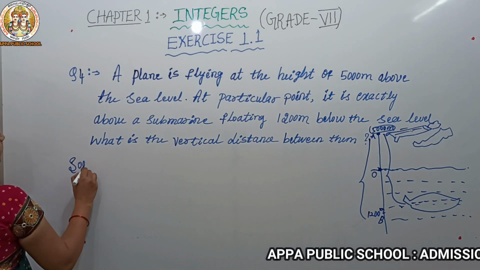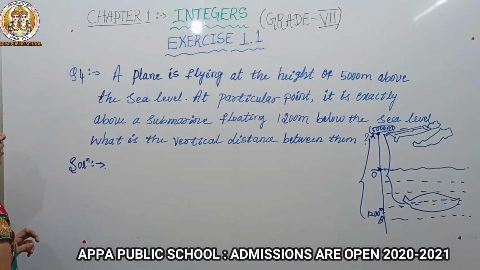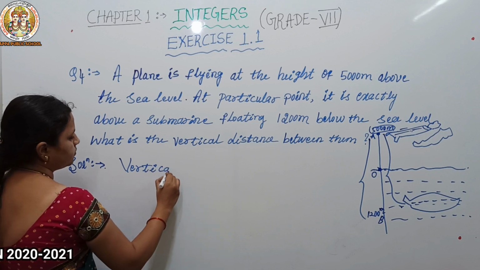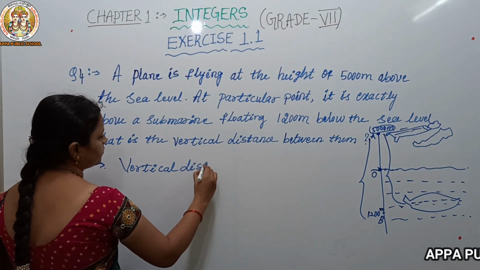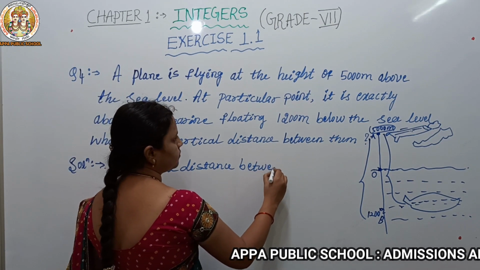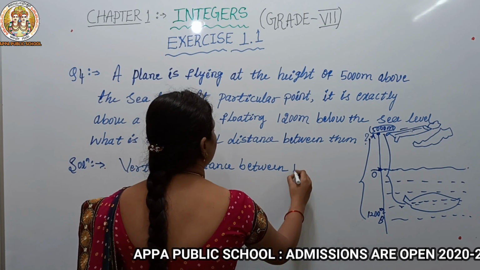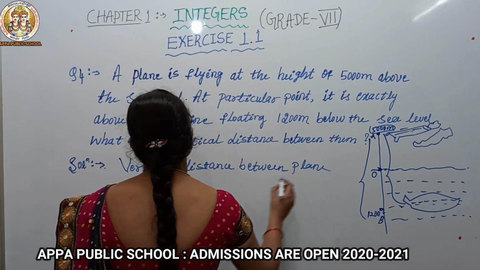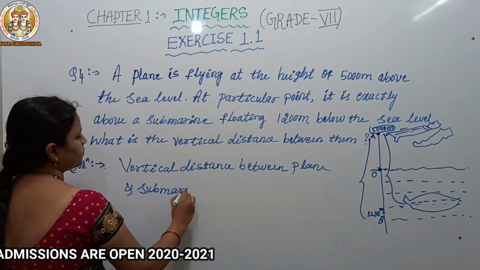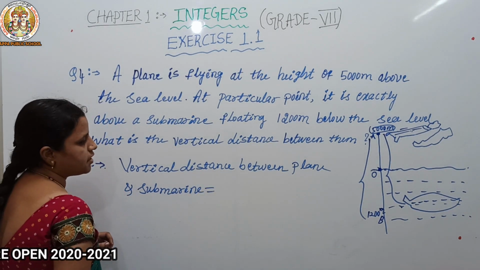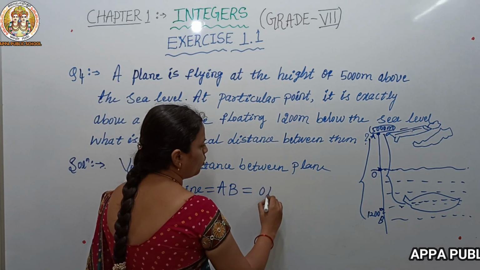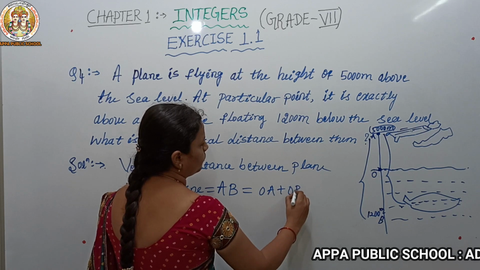The solution: the vertical distance between the plane and submarine, which we are taking as AB, is the sum of OA plus OB.